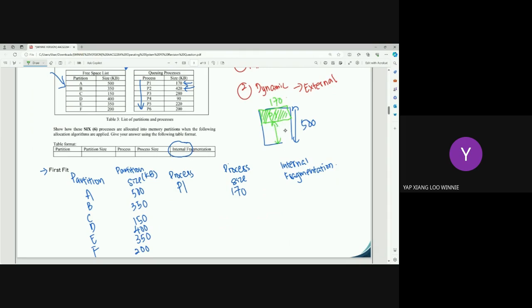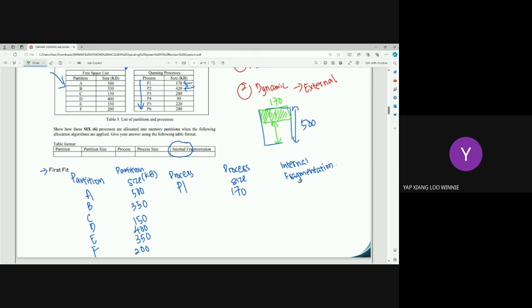One theory thing: if this is a fixed partition and you already put process 1 in, can I put process 2 in as well? You say, hey, there's still remaining space, don't waste it, I put another process in, can or not? Cannot. Fixed partition, one partition can only hold one process. So all of this remaining space is actually a waste.